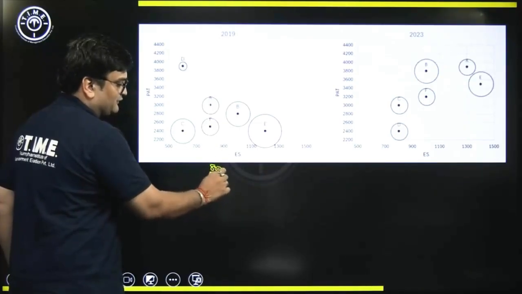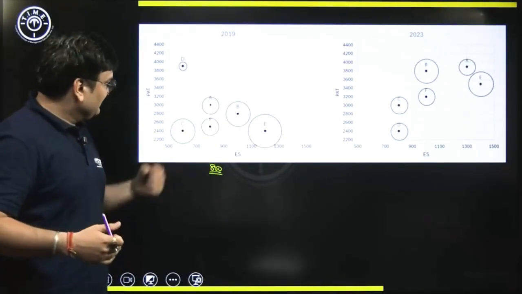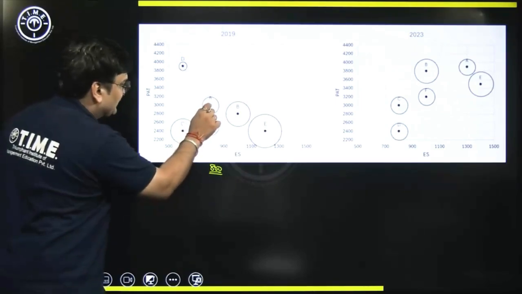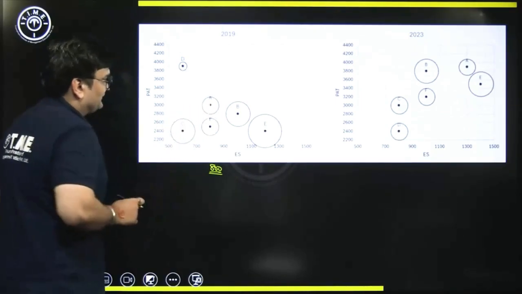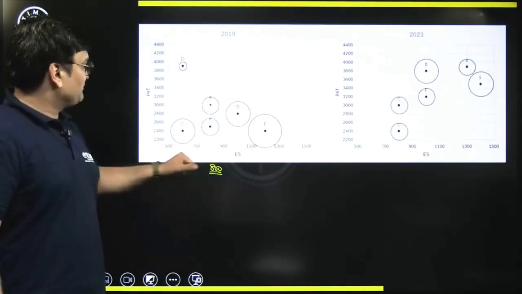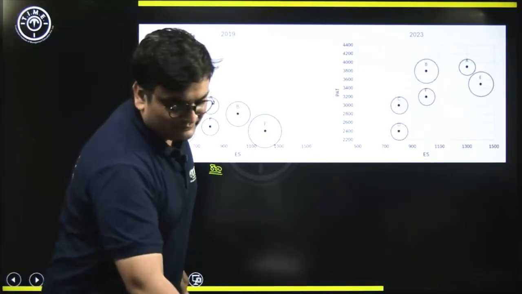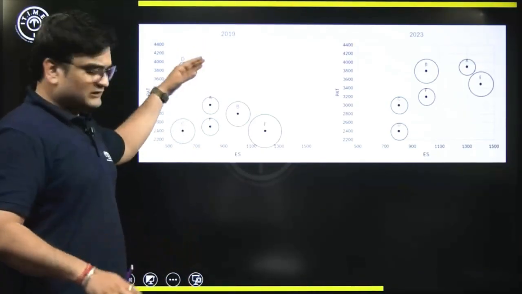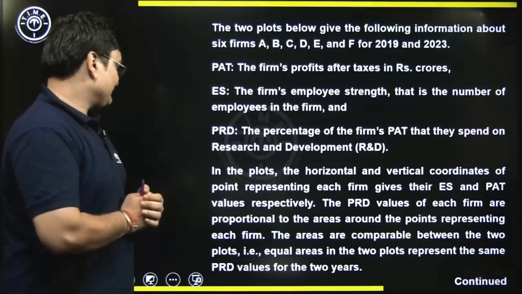I will take the average of the two because it falls somewhere in the middle, and its PAT will be along the y axis. So it is 3000 crores, and the number of employees is 800. That is how we can read the data for all the remaining companies as well.